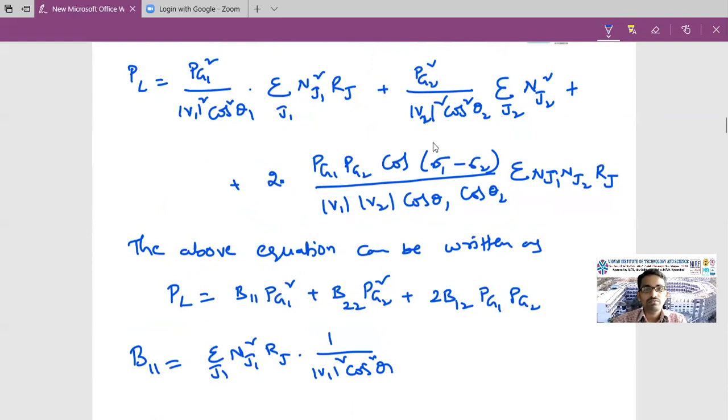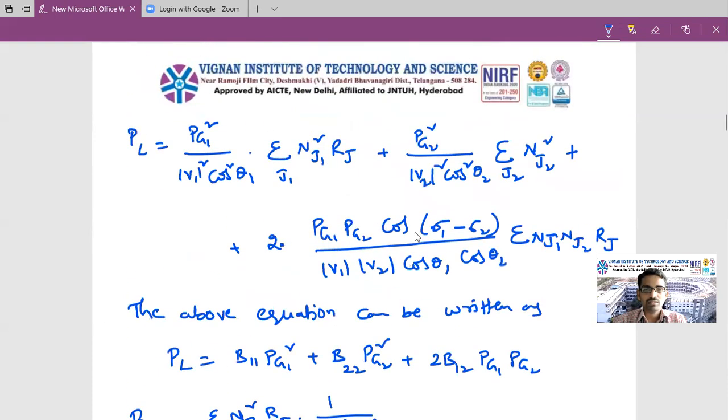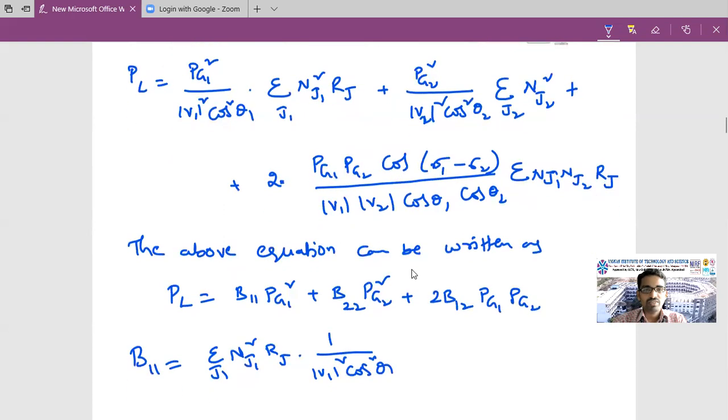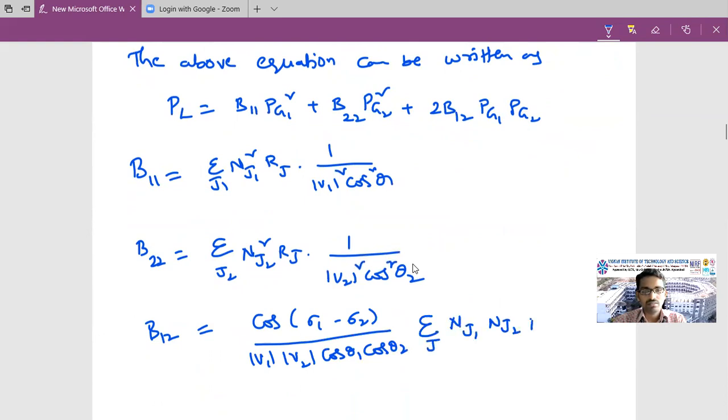And B12 is cos of sigma 1 minus sigma 2 by magnitude of V1 magnitude of V2 cos theta 1 cos theta 2 summation j nj1 nj2 into Rj. So these are the transmission line loss coefficients.